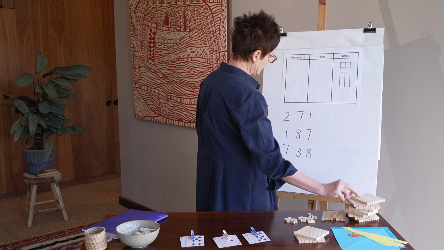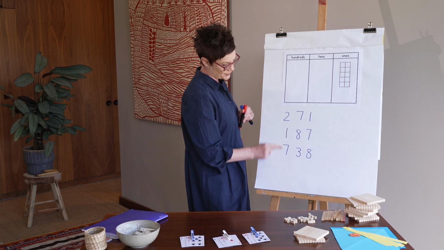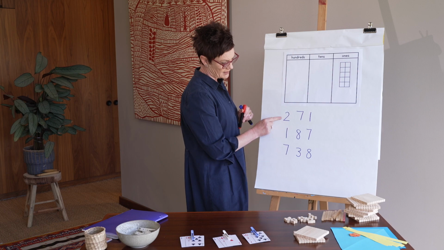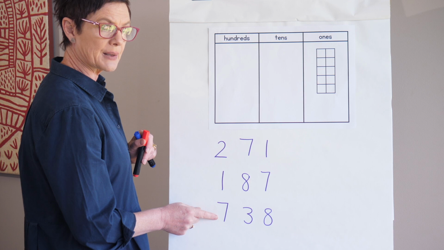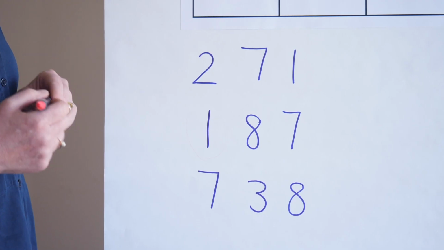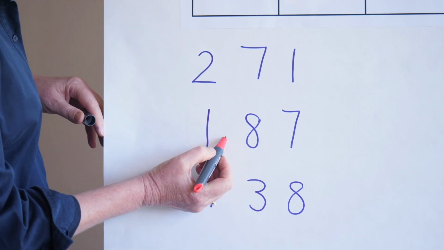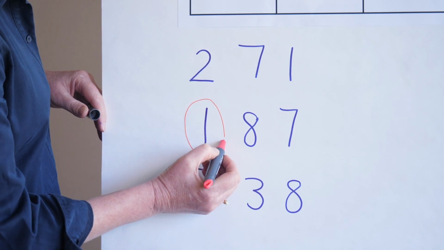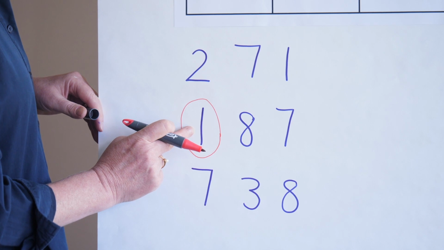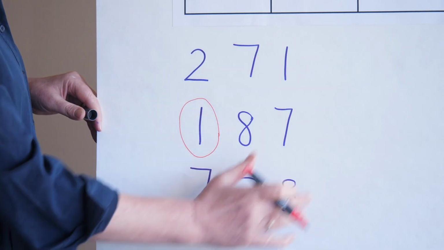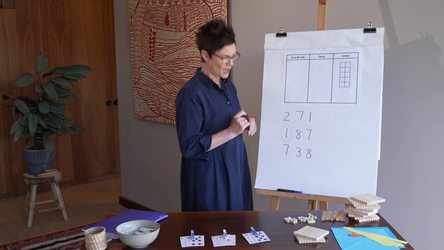All right, so let's move to the hundreds first and look at our numbers here. Can you see which one is the smallest number? Now I know that this is the smallest number, 1. 1 in the hundreds. This is 100. So I can see it's the smallest number I have out of my 3.